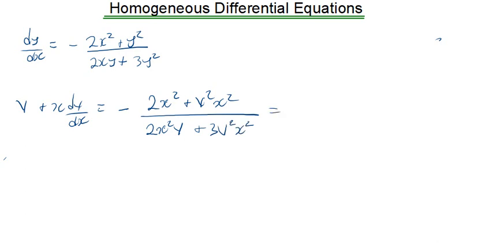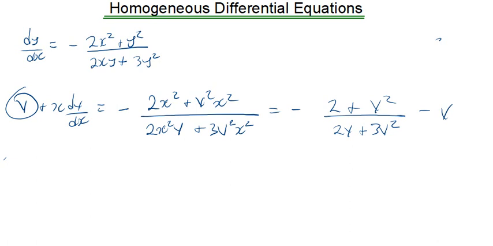You observe that the x is able to go. You have minus 2 plus v squared divided by 2v plus 3v squared. So you observe we can bring in the negative v, which is positive, but take it to the other side to be negative v.